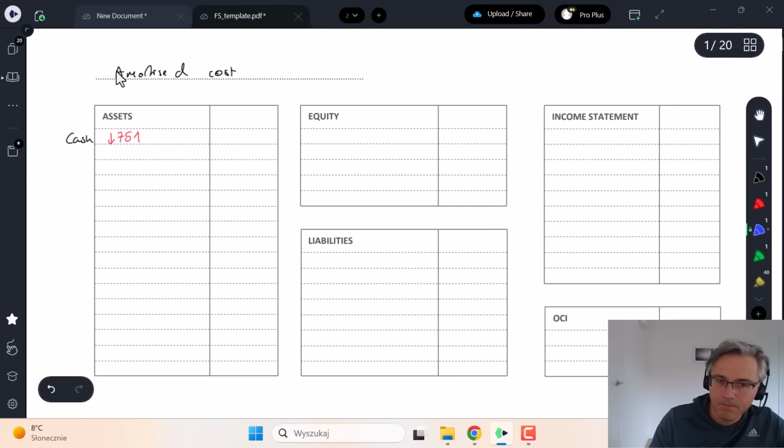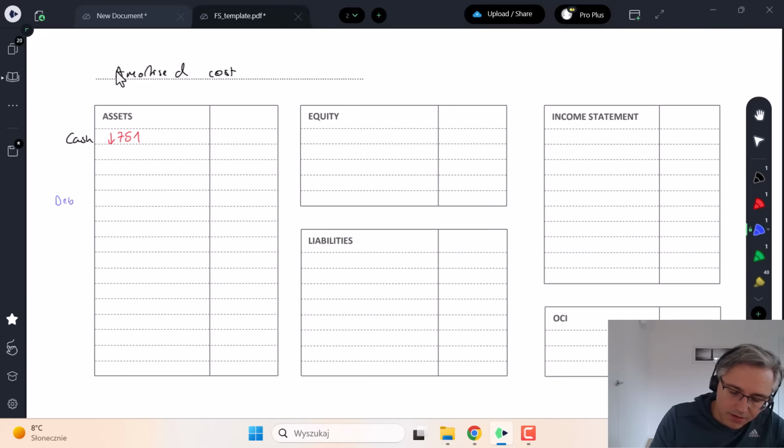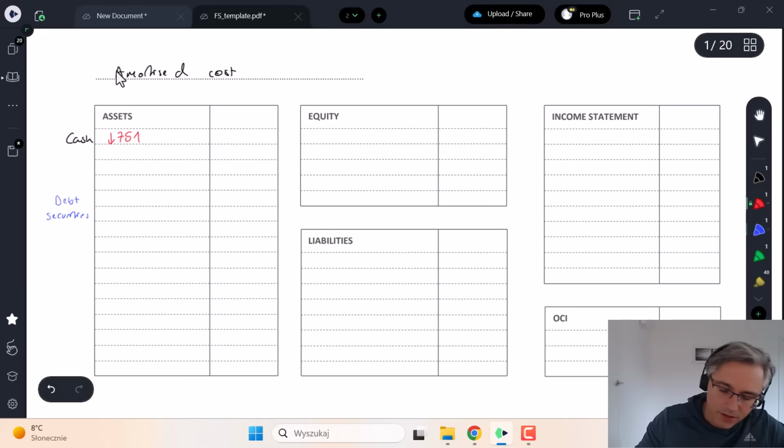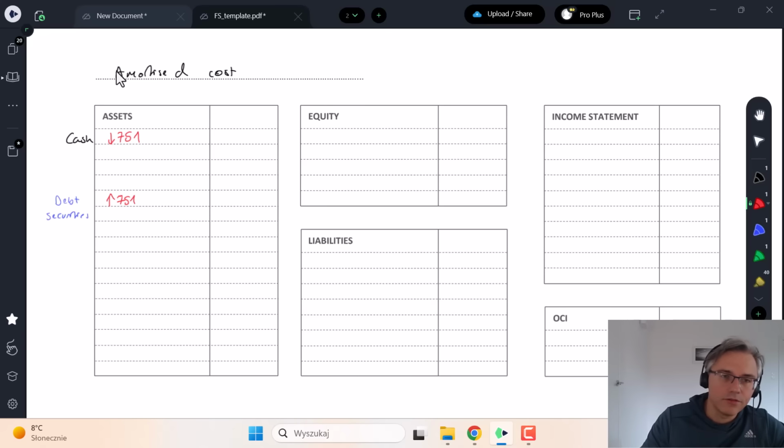So let's say we've got some debt securities over here as an asset. How you would call this is not really that important. Companies often call this financial assets measured at amortized cost or something like this. I'm just going to say debt securities. Now, this is the initial purchase, the moment when we make the acquisition, when we buy.